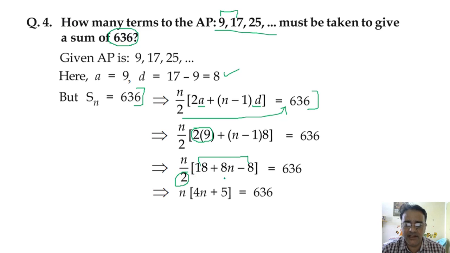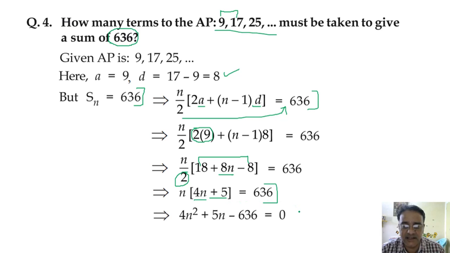So 10 divided by 2 is 5, and 8 divided by 2 is 4. So we'll get one quadratic equation, that is 4n square plus 5n minus 636 is equal to 0.